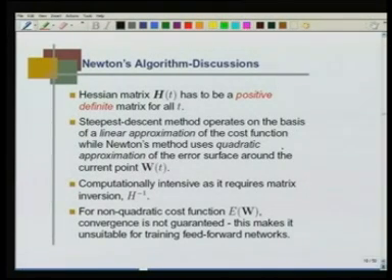Steepest descent operates on the basis of a linear approximation of the cost function, while Newton's method uses a quadratic approximation of the error surface around the current point W t. It is computationally intensive as it requires the matrix inverse H inverse. For a non-quadratic cost function E W, convergence is not guaranteed. This makes it unsuitable for training a feed-forward network.